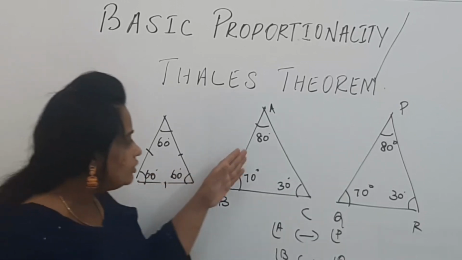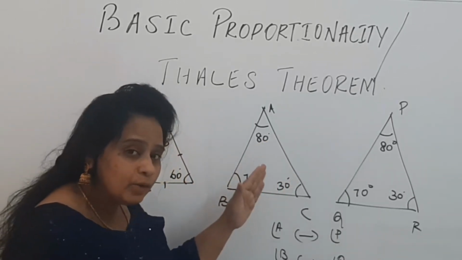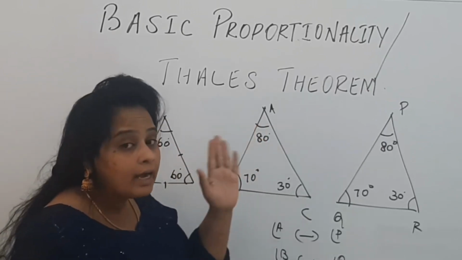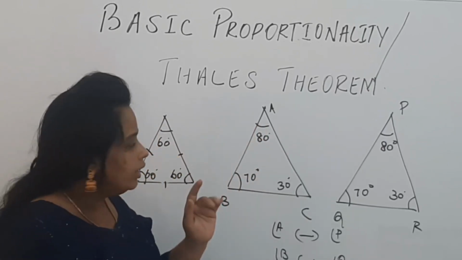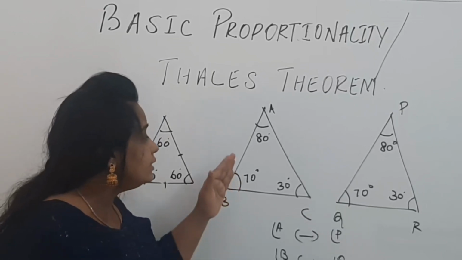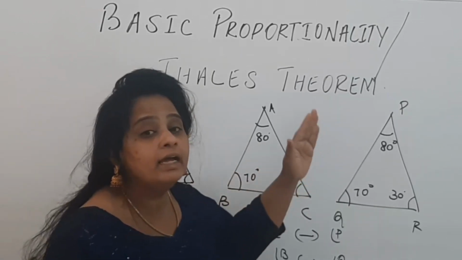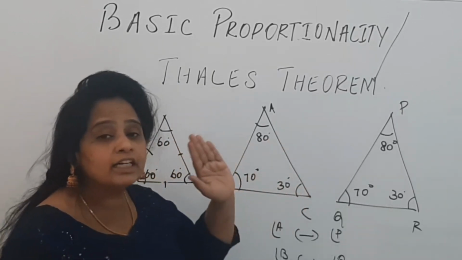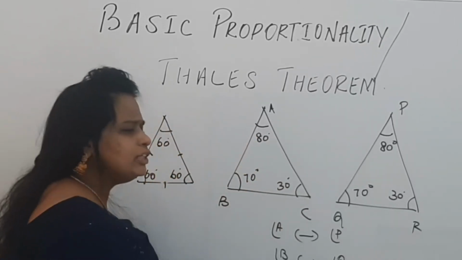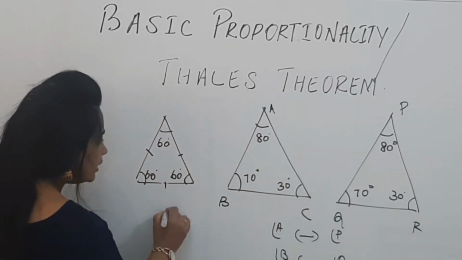So I have these triangles that are equiangular, with the corresponding angles equal. Then Thales says that the corresponding sides will be in the same ratio. How do you write it?